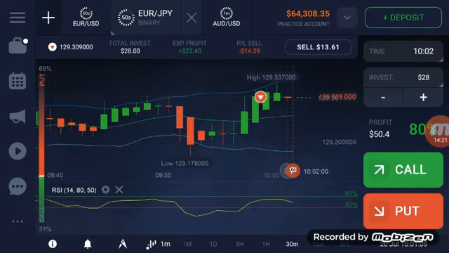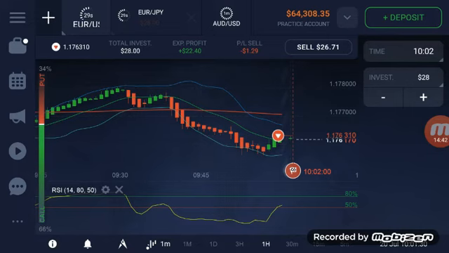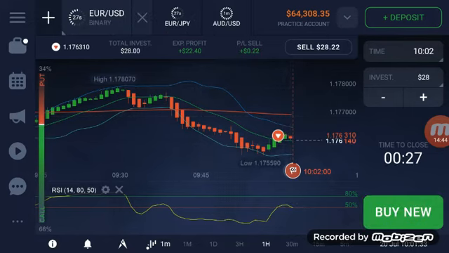So we got our first red candle. Well, it started off red. It's looking good for us, especially the last candle. Looking good on the two of them.